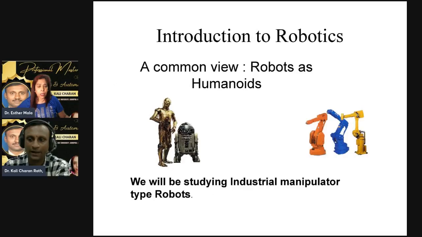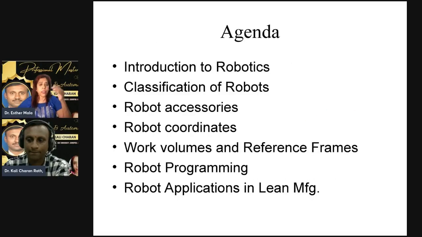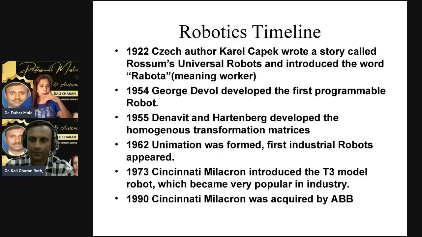Next, robot timeline. No, now only agenda. Have you done the agenda? You have to click the arrow. Yes, click the arrow on your right to move. Okay, now robotic timeline. Maybe the network is slow. Now robot classification. Okay.